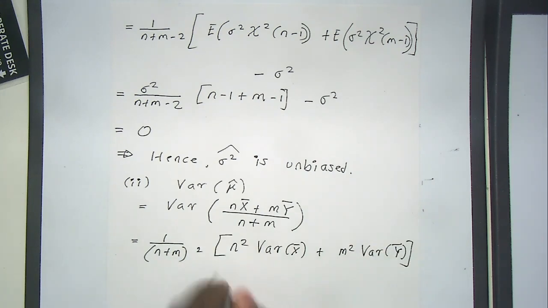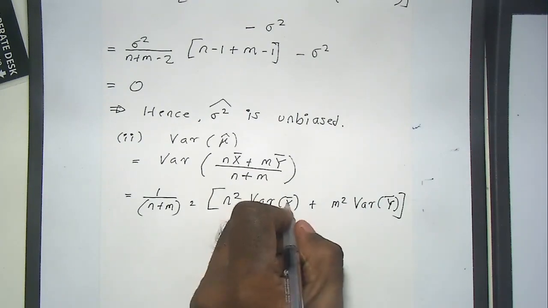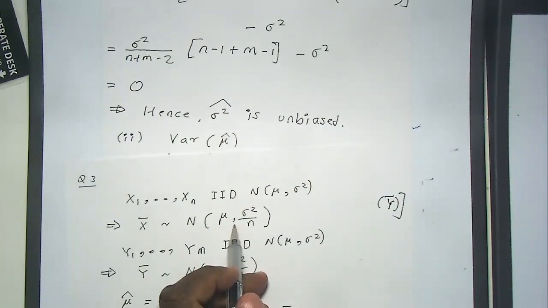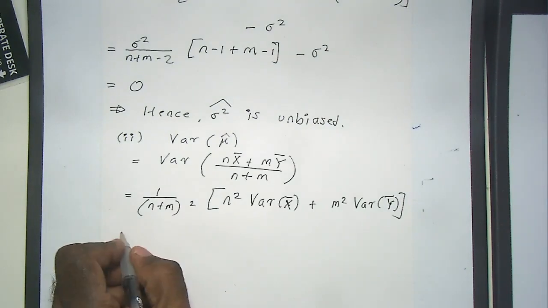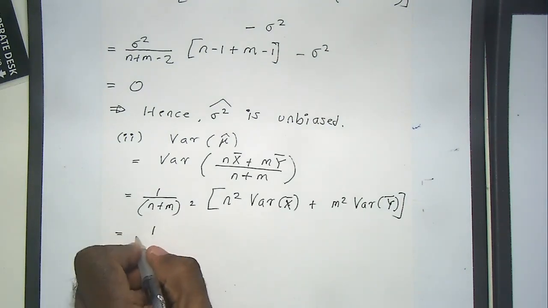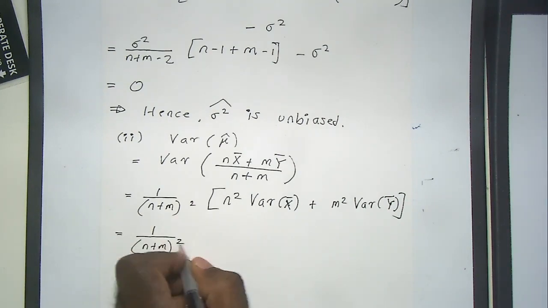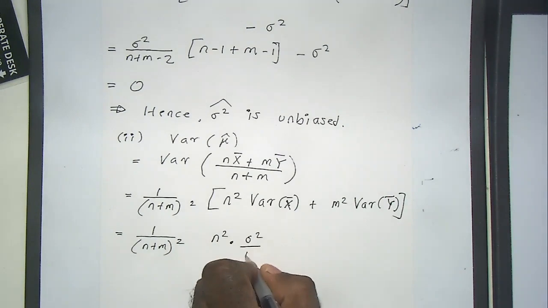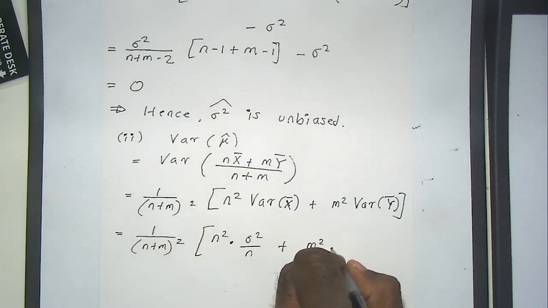Now because these are all constants, this becomes this. Now, you know the variance of x bar because of the property I mentioned earlier: X bar has this distribution and y bar has this. The variance of x bar is n squared multiplied by sigma squared divided by m, and similarly for this one.